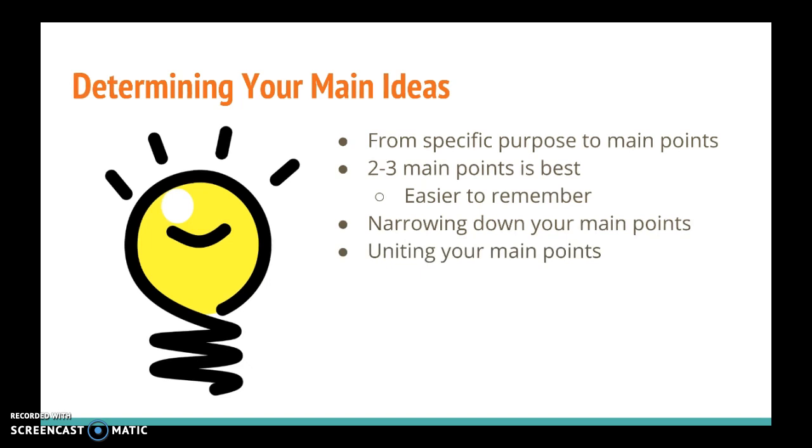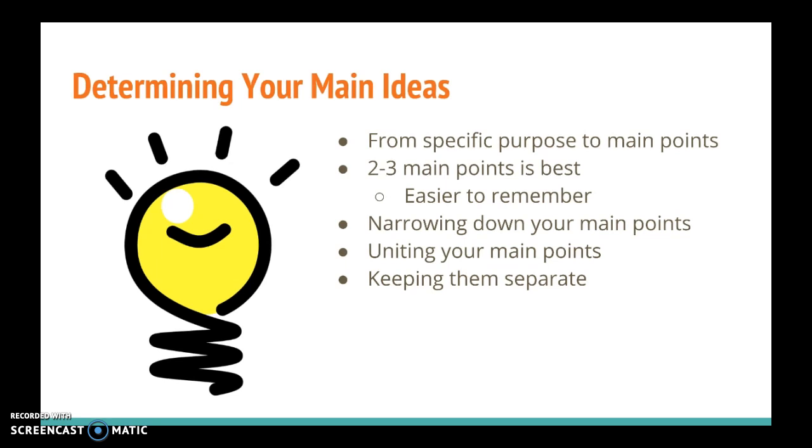Something to keep in mind when you are writing your main points is that they should all be united to one another, probably around your specific purpose. Each of your main points should fit together to help you achieve your ultimate goal in the speech of informing or persuading your audience about your topic. The other side of that coin, though, is that your main points need to be separate from one another.